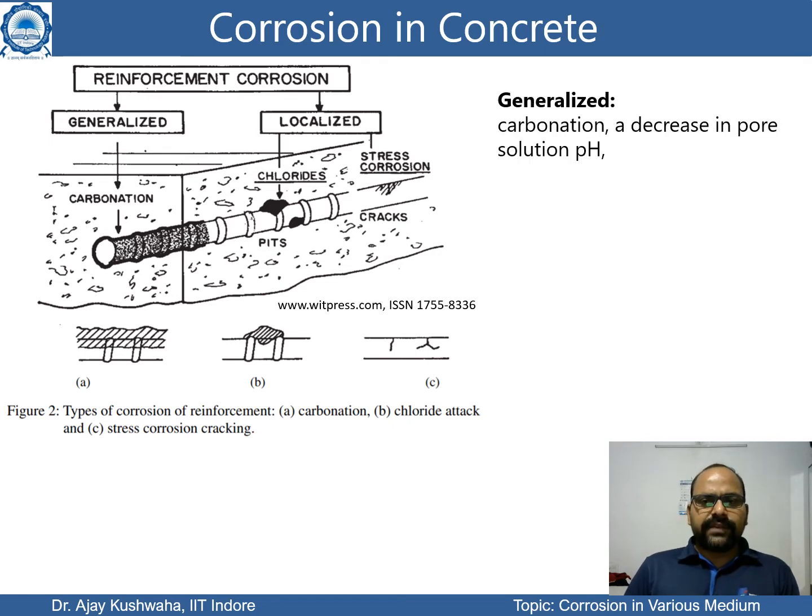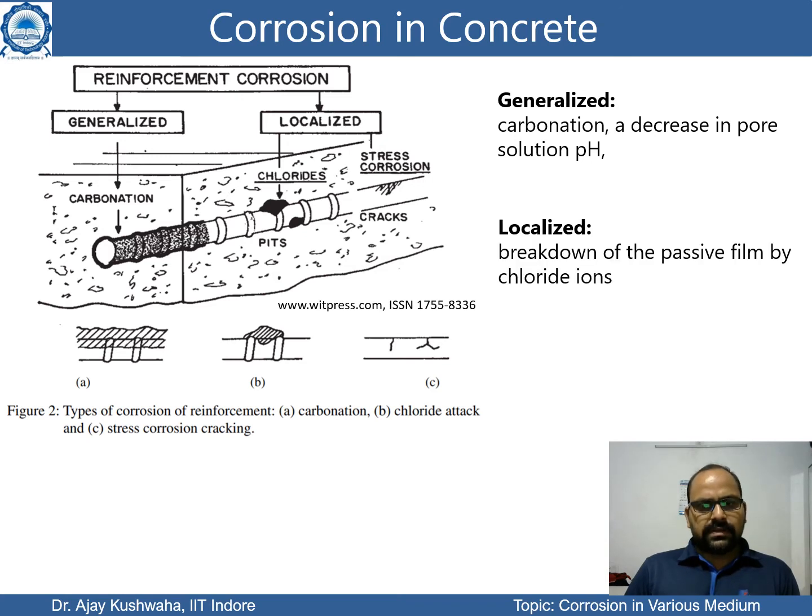So in general, if carbonation is happening, then the localized pH is usually reduced, while if localized corrosion is there, then due to the presence of chloride ions, it breaks the passive layer, the protective layer.